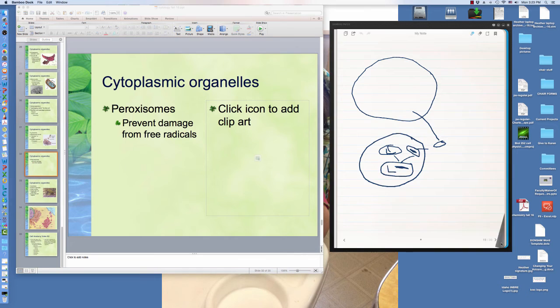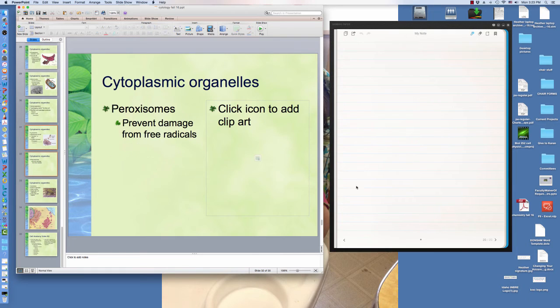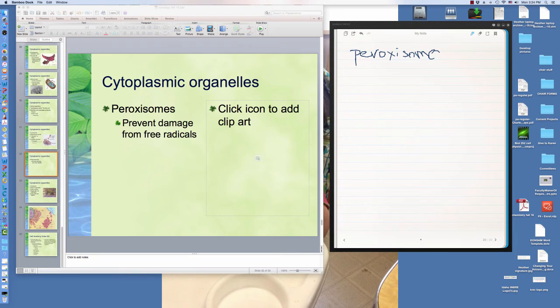Another interesting organelle is what is referred to as peroxisomes. And peroxisomes are capable of destroying free radicals.